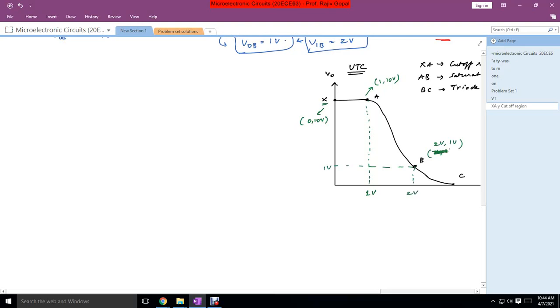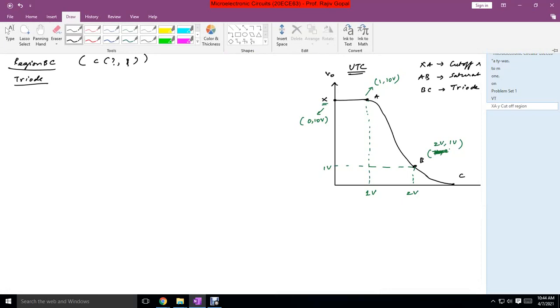Now I have to find point C, in region BC, and find the coordinates of C. I know region BC to be in the triode region. So if it is in the triode region, I can straight away write the current equation.